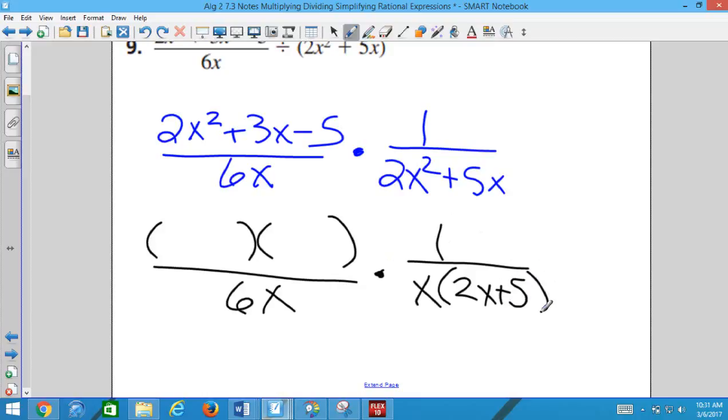And I'm hoping that that will be one of the factors over here, but I don't know for sure. I have to just kind of guess and check. So what multiplies together to give me 2x squared? 2x times x. And what multiplies together to give me negative 5? Positive 5 and negative 1. Then we're going to check that. Negative 2x and positive 5x does give me 3x, so I factored it correctly.